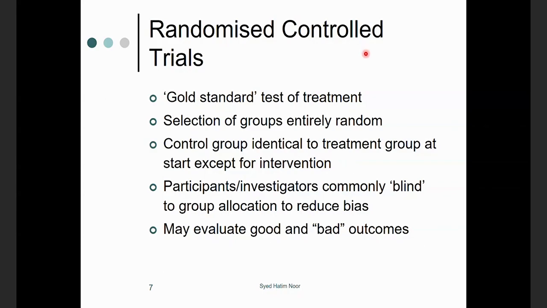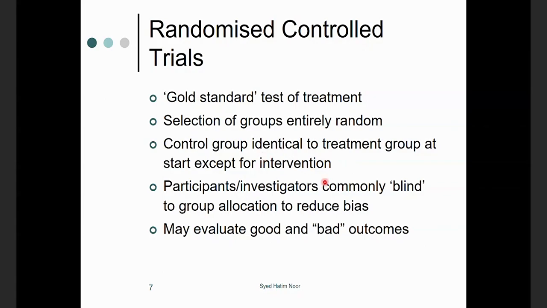It is comparable. For example, you are going to see the efficacy of the drug. The blood pressure between these two groups must be identical. The control group cannot be lower compared to the treatment group, or people can question your result later.